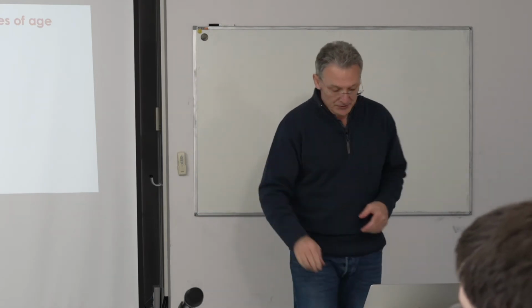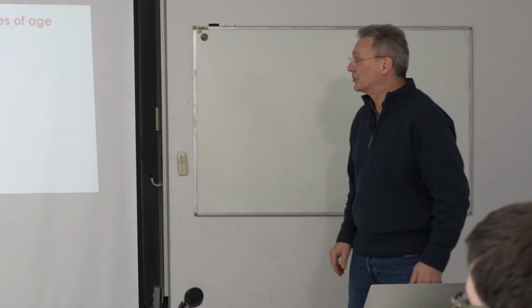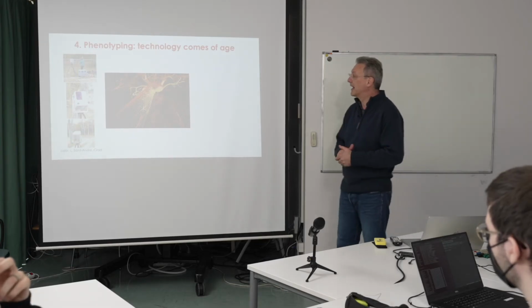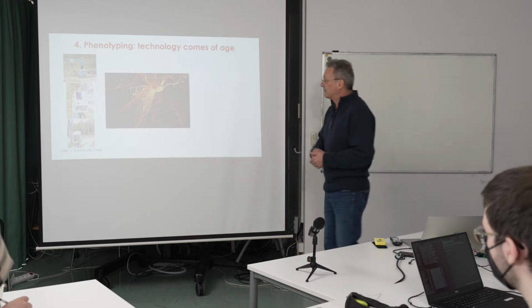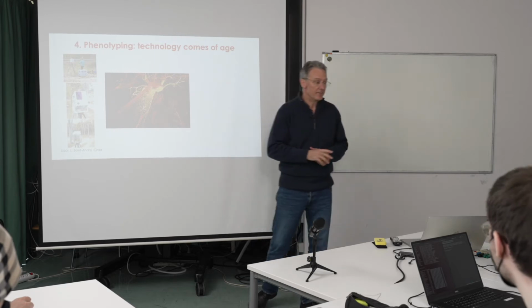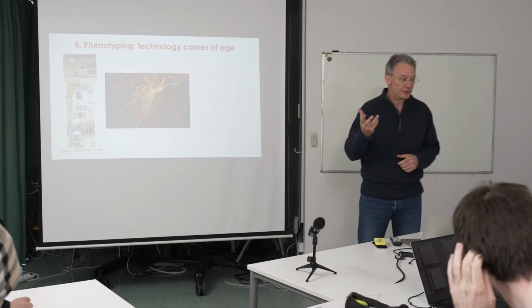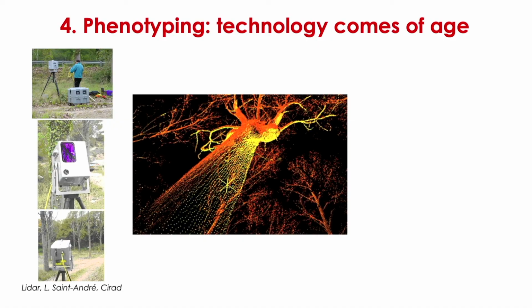So this can be done with different types of sensors. I just show you two types here. The LiDAR, which is a laser scanner, makes it possible, by scanning the scene, to create 3D point clouds of the plant. So this is a picture of the output of such a system on a tree.